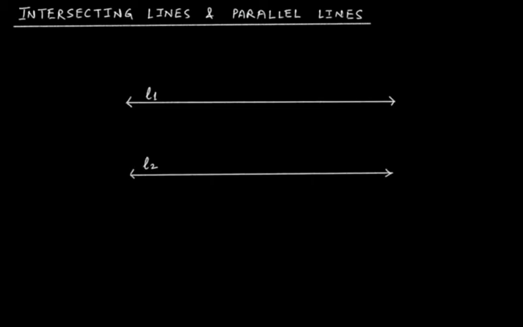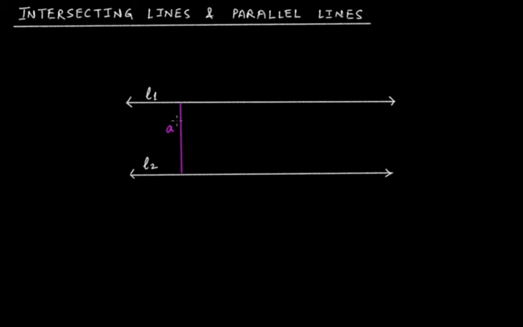Now if you look at these two lines properly, whatever distance you have at this position, let me take some different color. So the distance between these two lines, suppose it is, let's say A, where A is any arbitrary number.